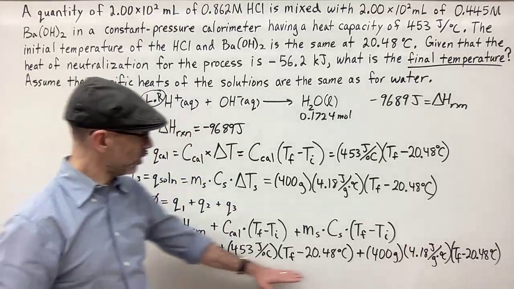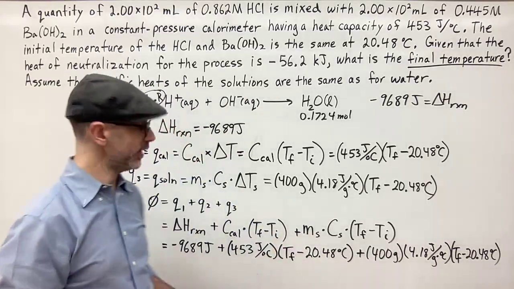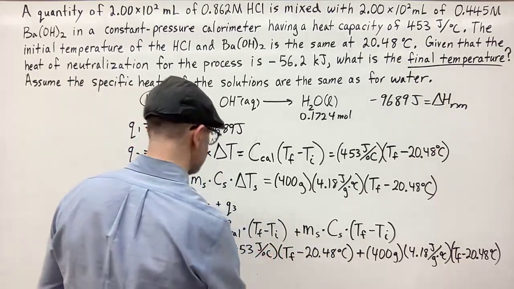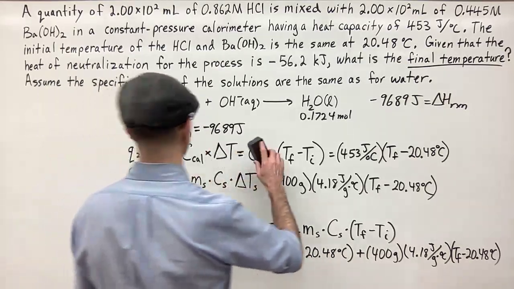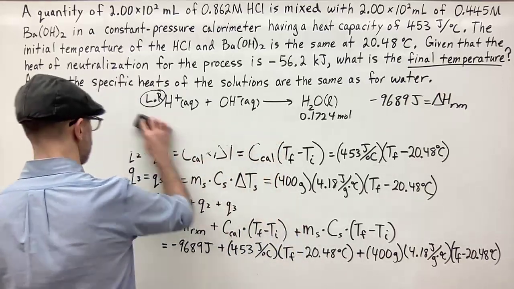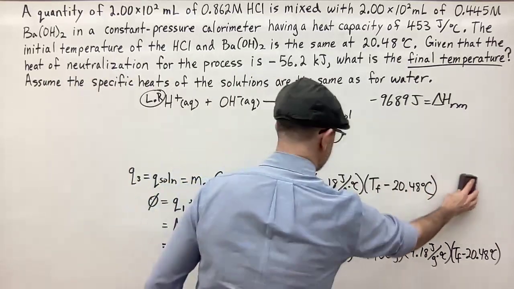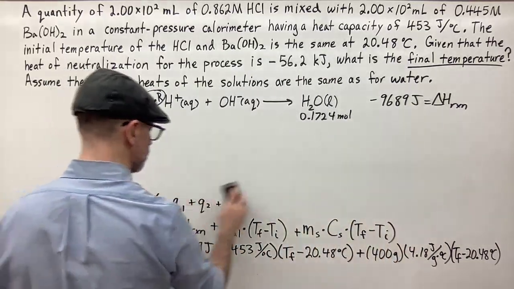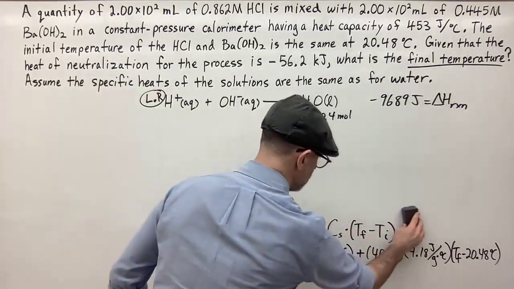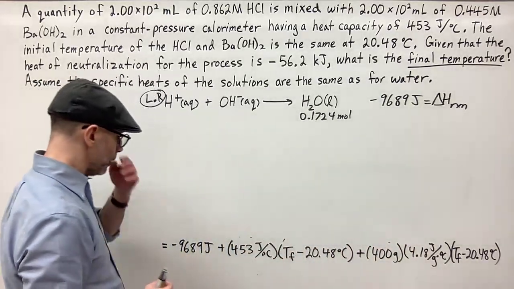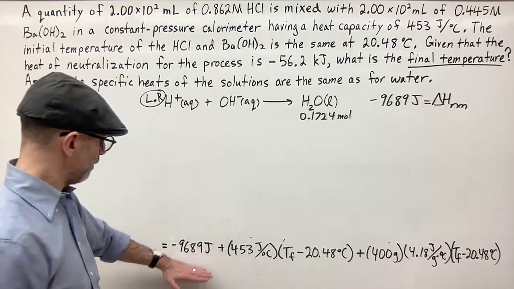And so now all I need to do is simplify and solve for TF. So let's go over and do that. Now the rest of this I don't really need anymore, so I'm going to erase so I can continue up on top here. Okay, so I've got this here.